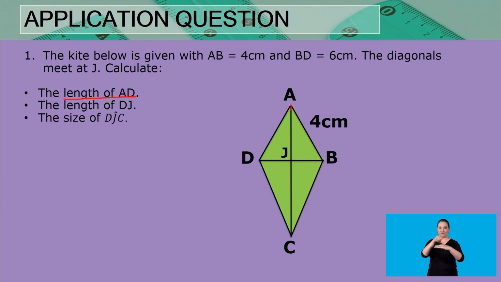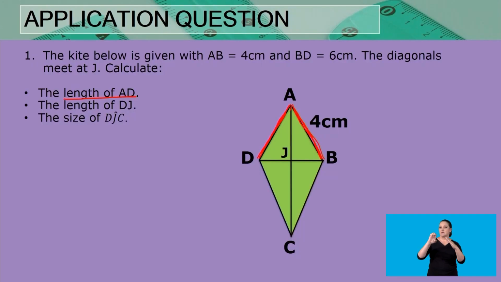Now when we look at AD, it is an adjacent side to AB. And we know that with a kite, we have two pairs of adjacent sides that are equal. So whenever we are dealing with these quadrilaterals, we need to keep in mind the properties of that quadrilateral. Now, AB was given as 4 centimeters.